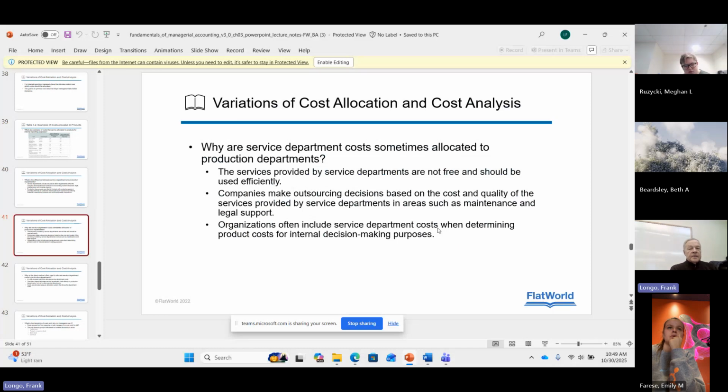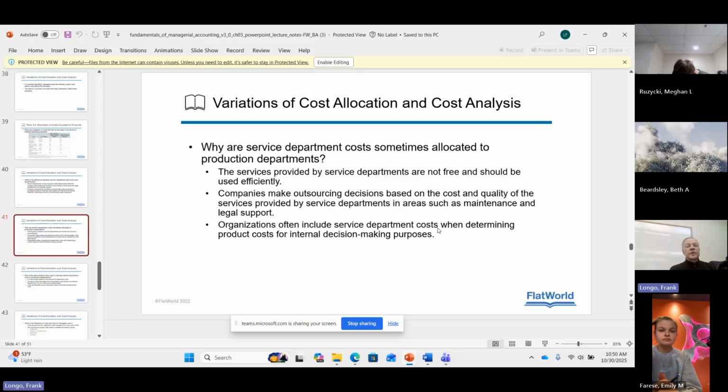Some companies will allocate service department cost to production departments. Keeping in mind, the cost of a service department, it's not free, it's costing you money. But it is part of running the business.